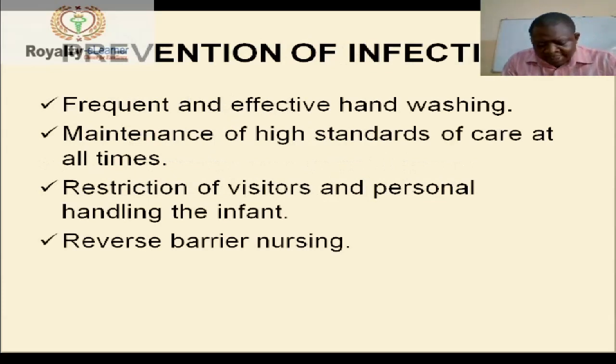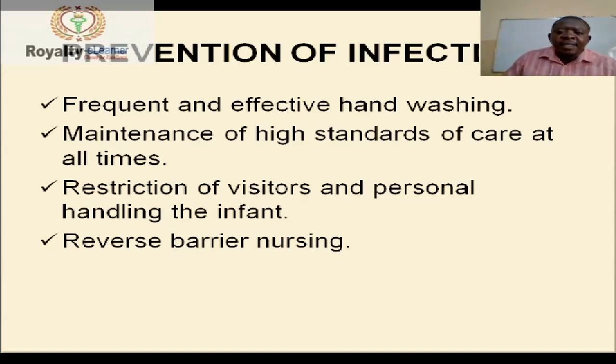Prevention of infection. So in RDS, prevention of infection, what we can say is that frequent and effective hand washing is important. We're talking of reverse barrier nursing because the baby is prone to getting infection from the staff. So there should be what we call reverse barrier nursing because the patient is prone to infection.